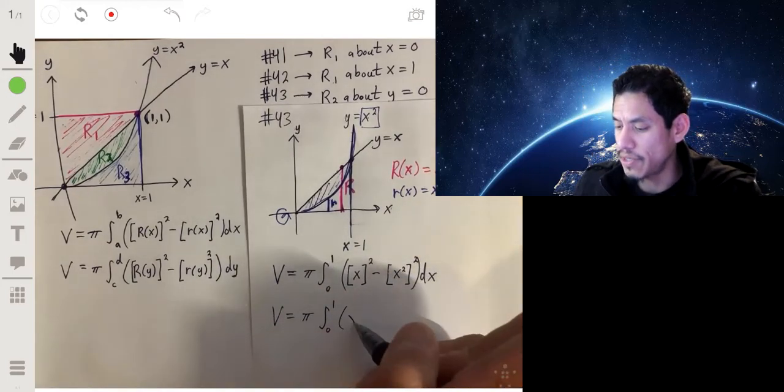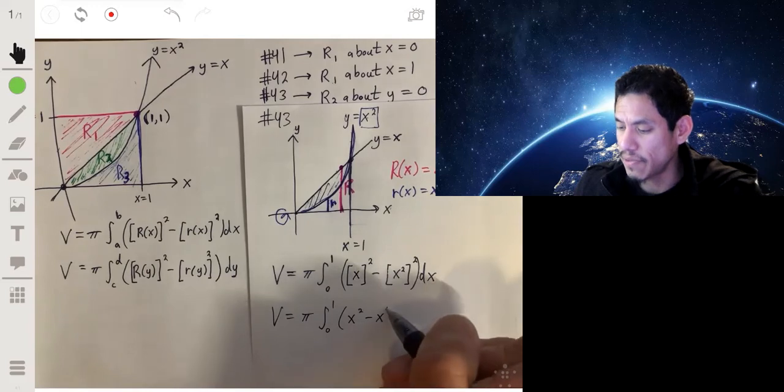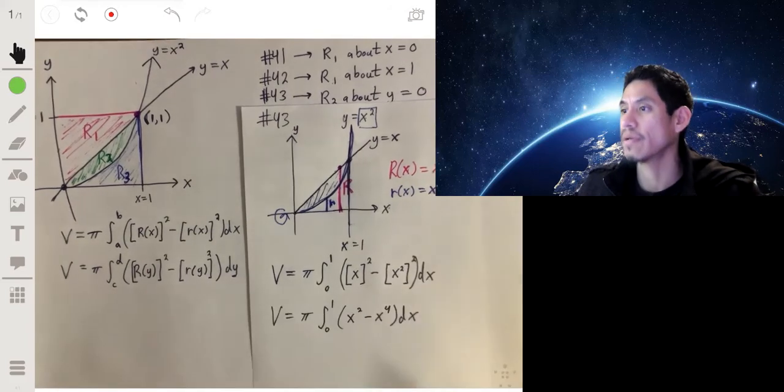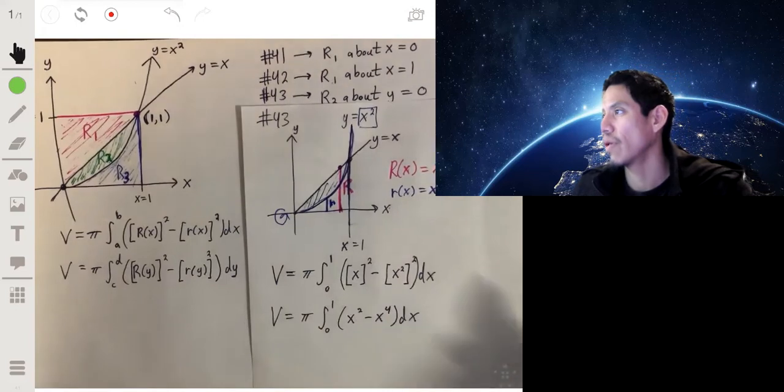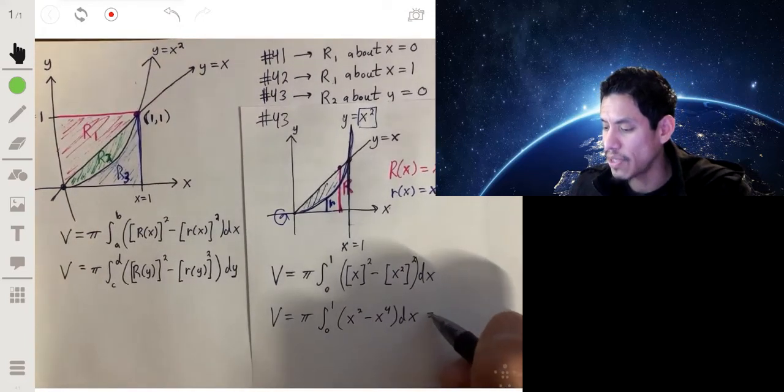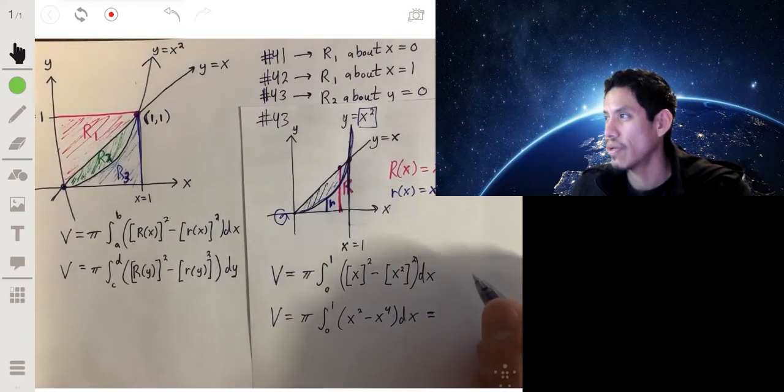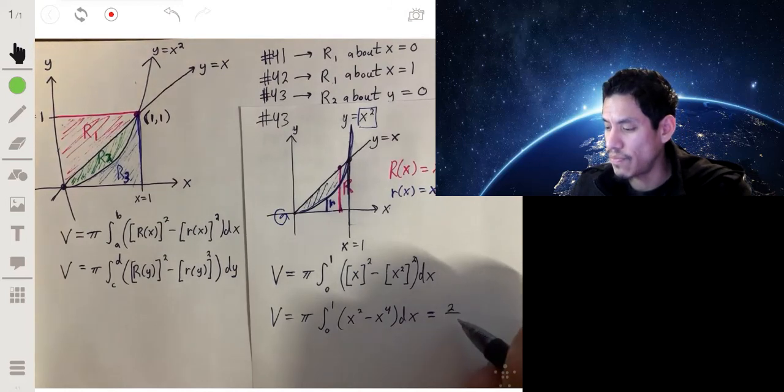Not really much simplifying to do. It'll just be x squared minus x to the 4th dx. And if you were to integrate this properly, you would end up with 2 pi over 15, or 2/15 pi.